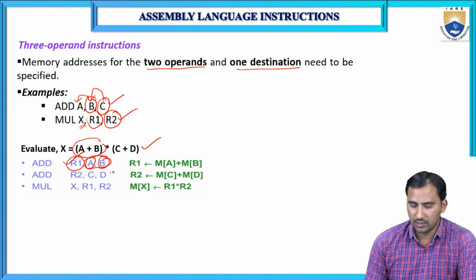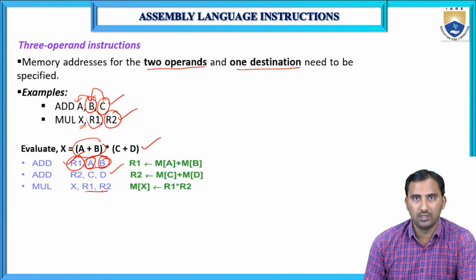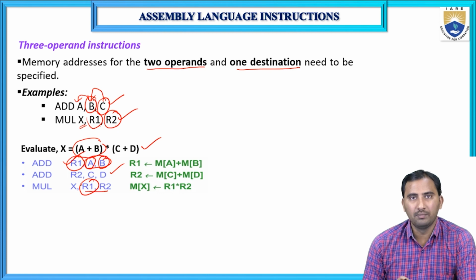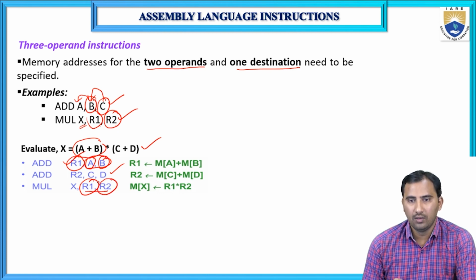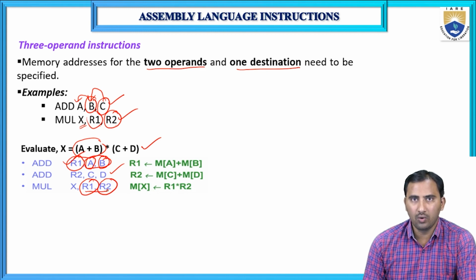Similarly, C plus D. And finally we are performing the multiplication between the R1 and R2 registers, because in the R1 register we have the A plus B value, and in the R2 register we have the C plus D value. That's why we are performing the multiplication between R1 and R2 registers. Finally, that result will be copied to the X register.